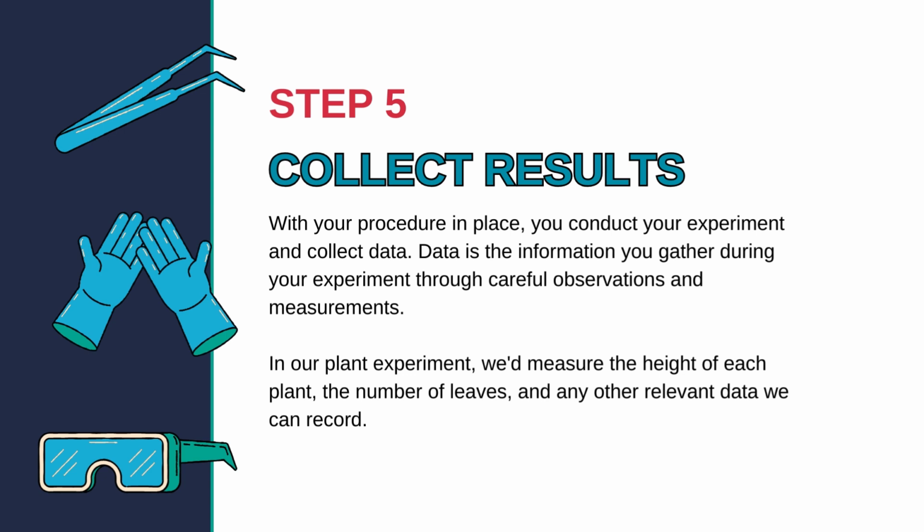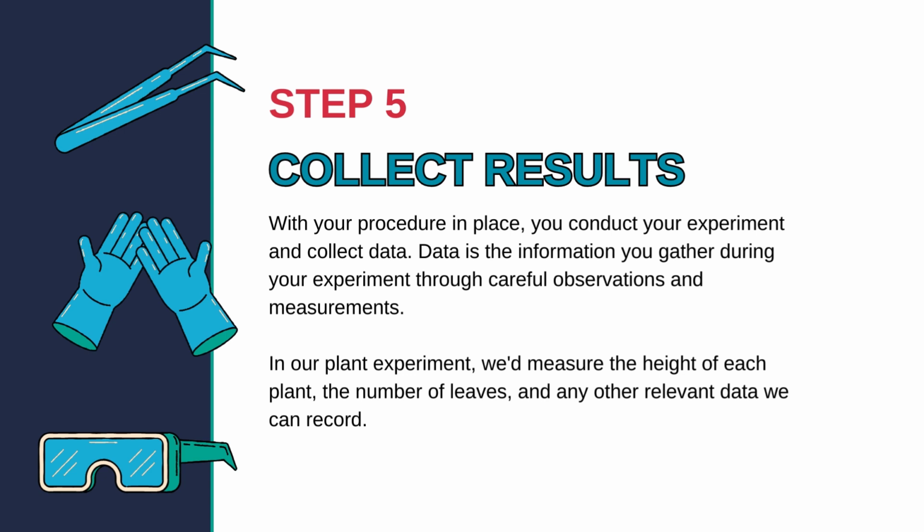Step 5. Collect results. This step is also called record the data. With your procedure in place, you can conduct your experiment and collect data. Data is the information you gather during your experiment through careful observations and measurements.